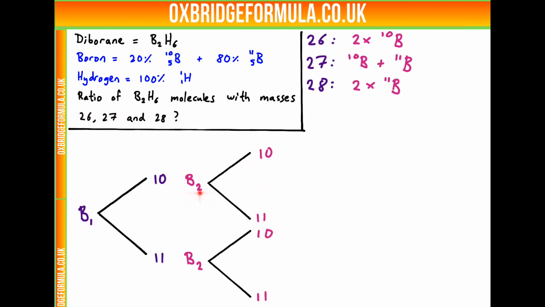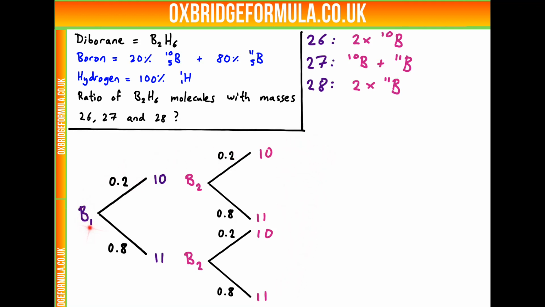Then we can put in our stepwise probabilities. So we know there's a 20% or a 0.2 chance of making boron 10 and a 0.8 chance of having boron 11. And then with our second boron, we know this probability distribution is going to be the same. And so at the end of the tree, let's think about what we've made.